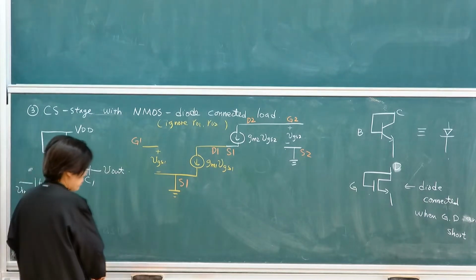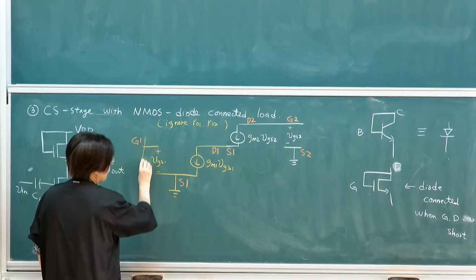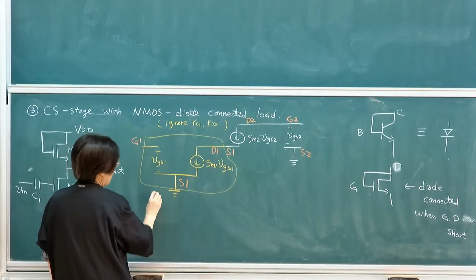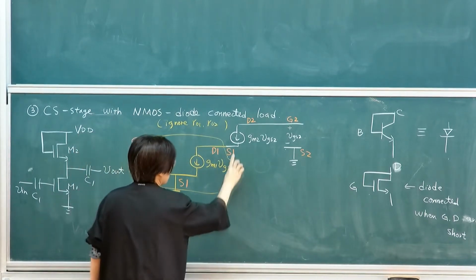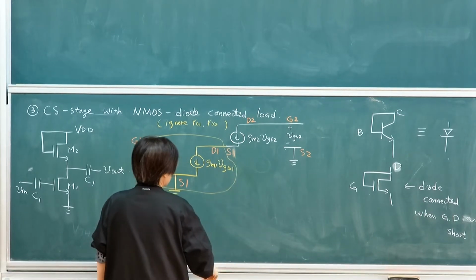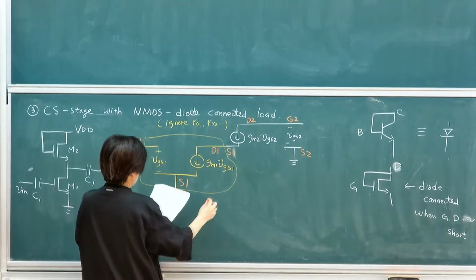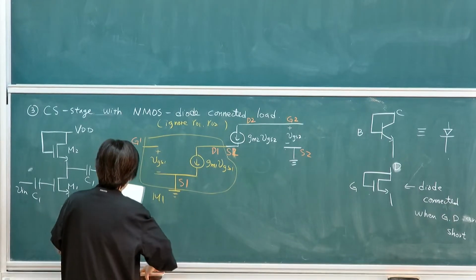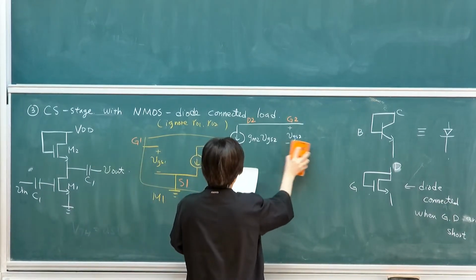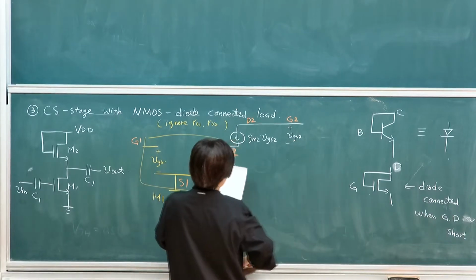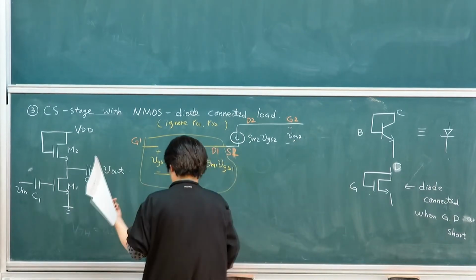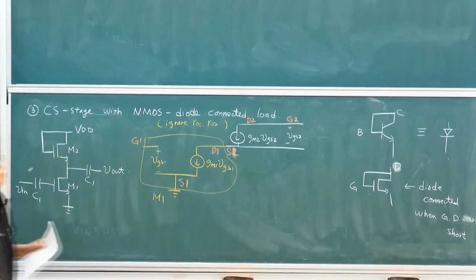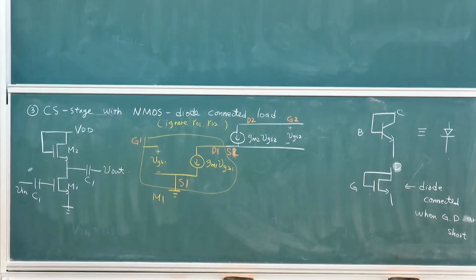So this part is M1. Sorry, it's supposed to be source. It is source 2. Sorry, I made a mistake here. The output is source 2. Okay?